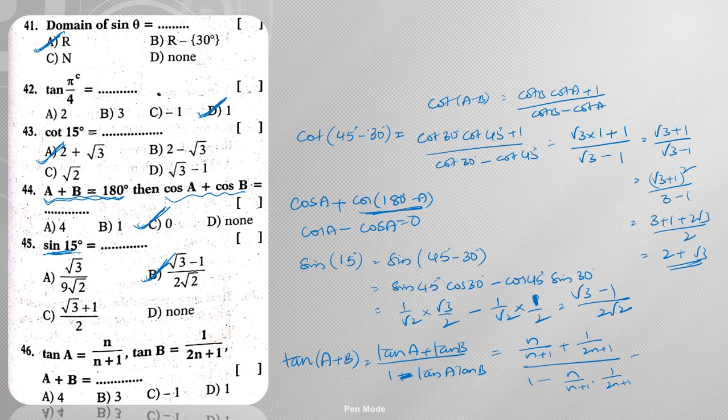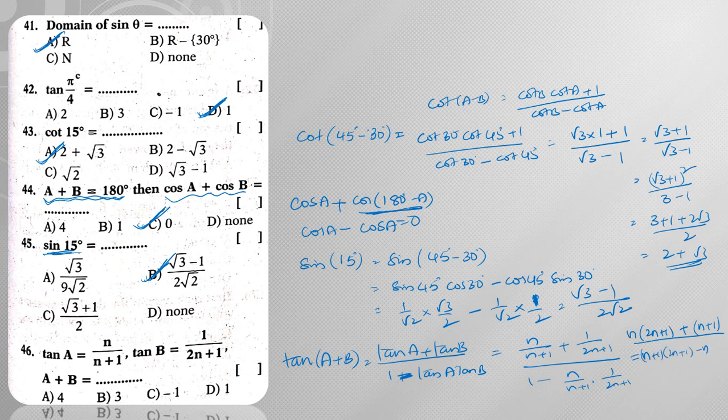So when I take LCM and do cancellation, I am going to get n into 2n plus 1 plus 1 into n plus 1 by, since the denominators are the same, n plus 1 into 2n plus 1 minus n.